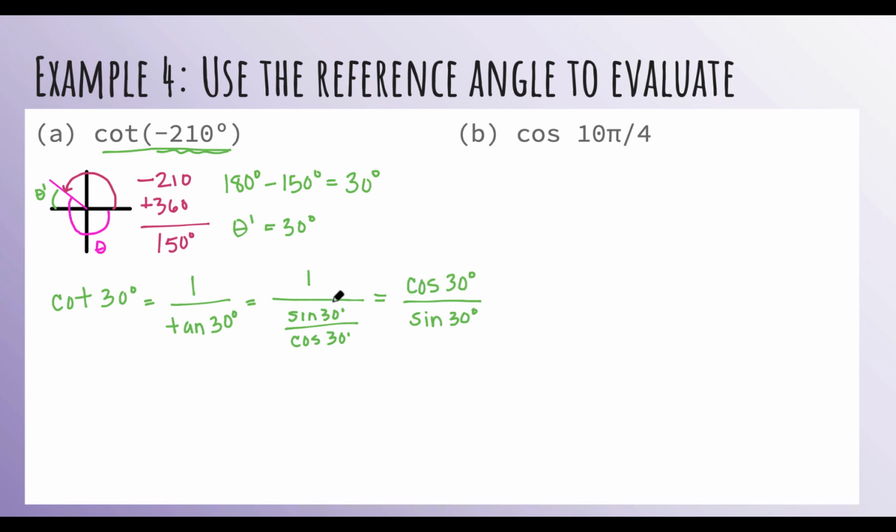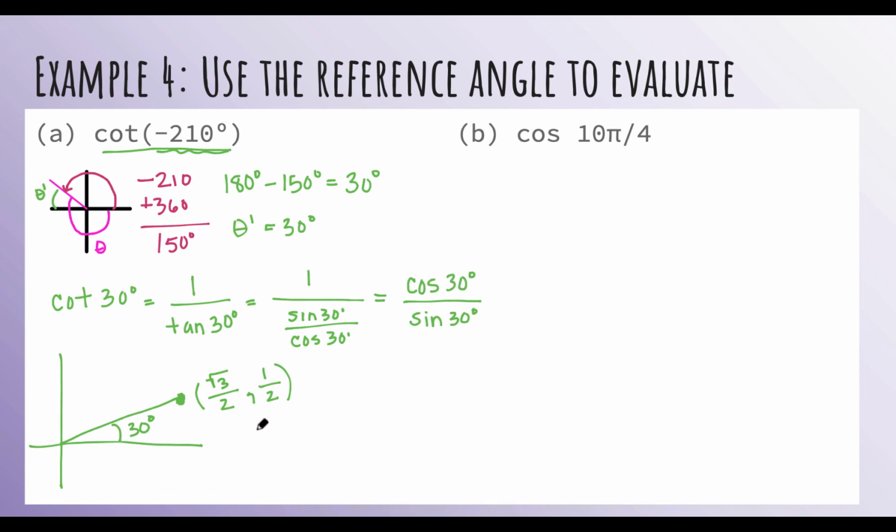So 30 degrees is a special angle. If you have your unit circle filled out for your first quadrant, the special angle of 30 degrees has a point on your unit circle with square root of 3 over 2 for the x value and 1/2 for the y value.